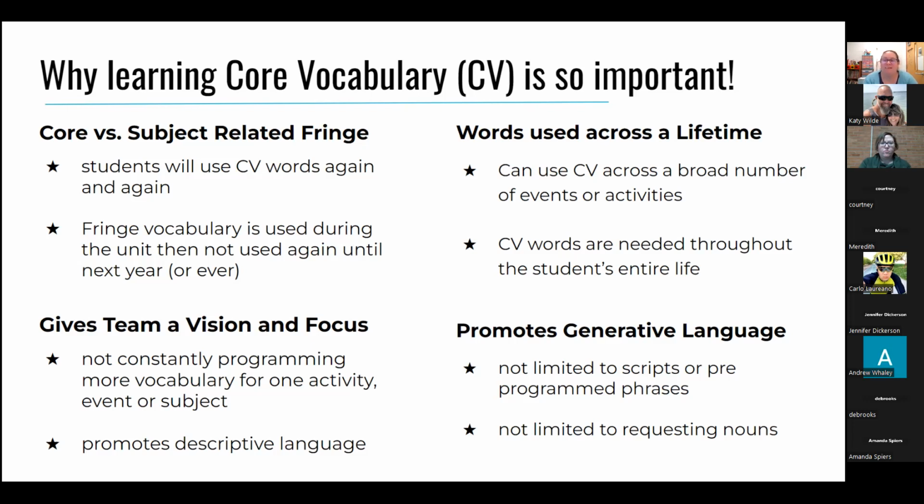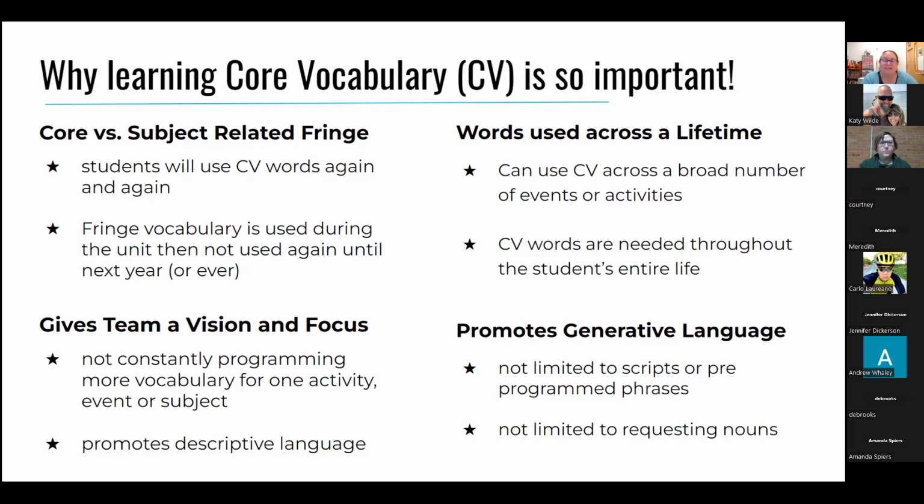We see a lot of families getting caught up in that trap of, but we don't have that word in our device. And that's okay to not have that word in there. What we want to do is provide our kids a way to communicate about everything in their environment using the words that they have.